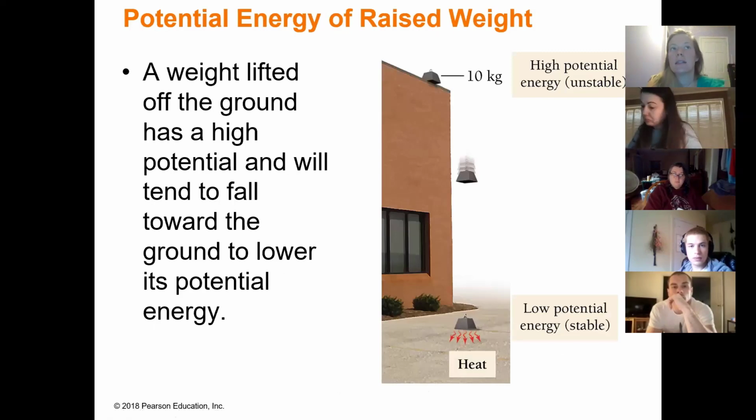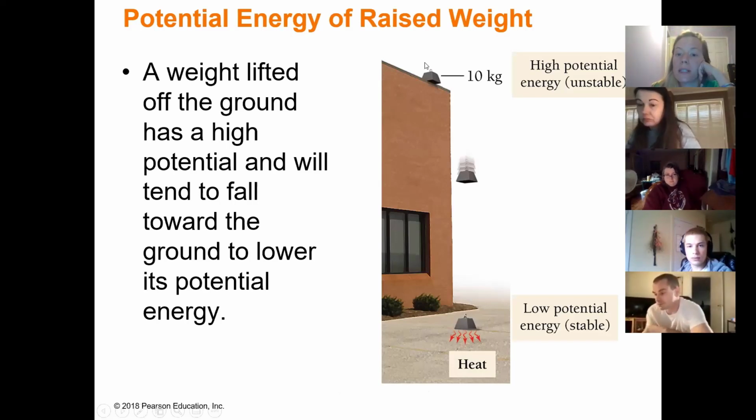Energy is constantly shifting states in the universe. Here we have a weight that was brought up to the top of this building, and at the very top it has a high quantity of potential energy because you used kinetic energy from your body to move that weight up. It's got more of an effect from gravity than the weight down at the bottom.